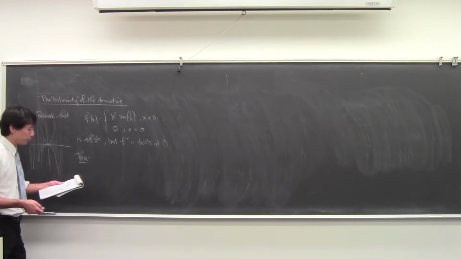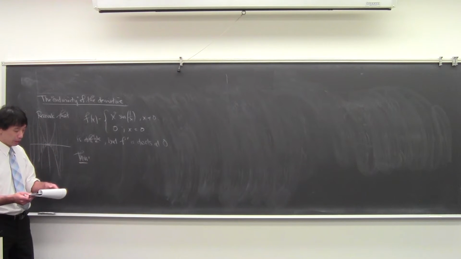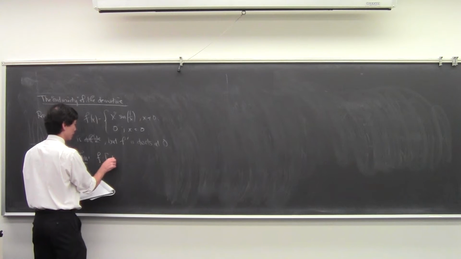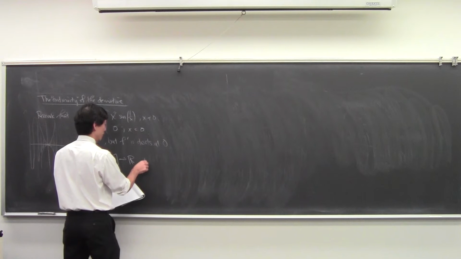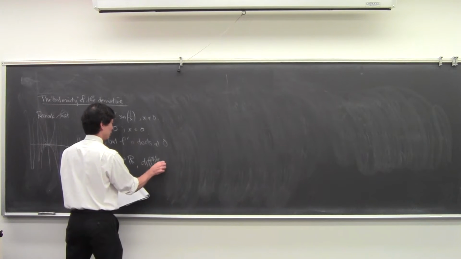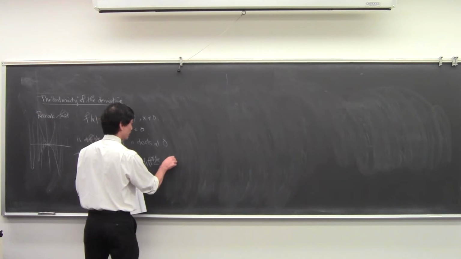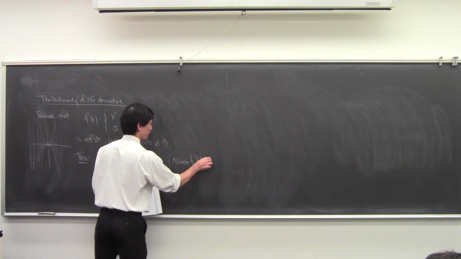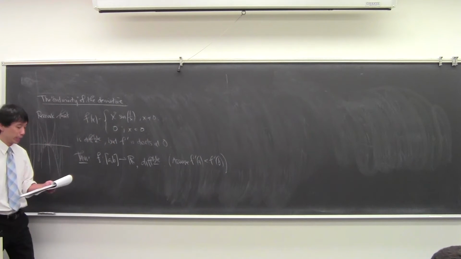Now, however, any derivative is going to have the following intermediate value property. So if you have some function that is differentiable, suppose you have a function that's differentiable and assume that the derivative at one endpoint is less than the derivative at the other endpoint.